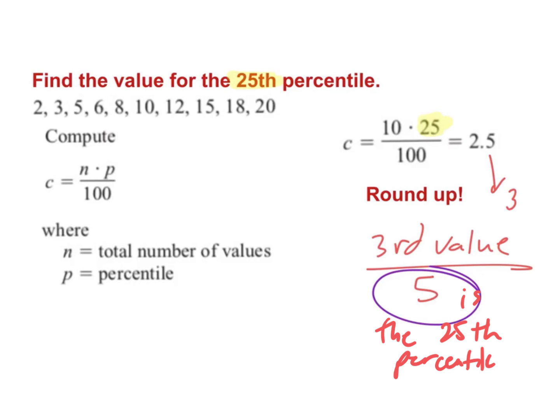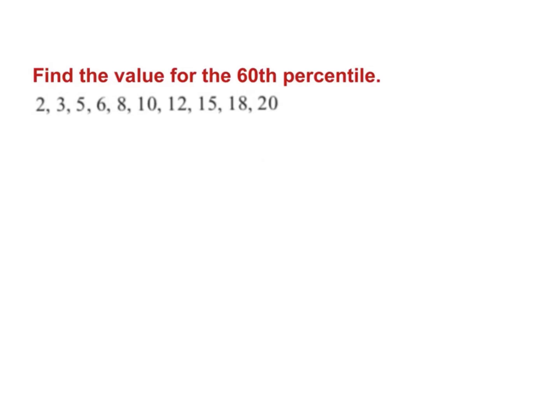So there's one exception, and in this case, here's an example, the 60th percentile. Again, same data set, not a new data set. For the 60th percentile, you take n, which is 10, times p, which is 60 over 100, or 0.6, and I get 6.